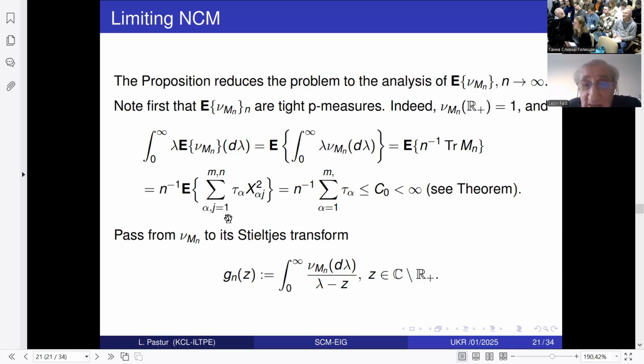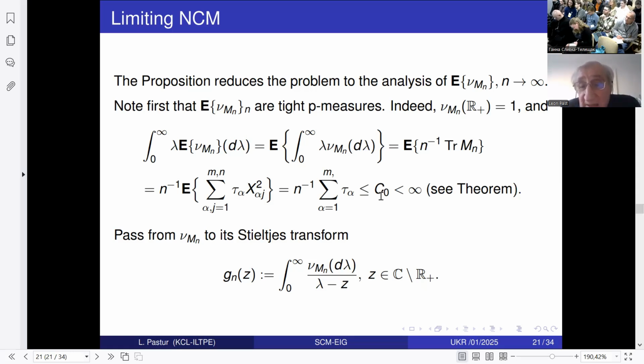The trace will be this double sum. Now the expectation is again a finite sum, so you can easily put the expectation inside the sum, and then the expectation of every x alpha j squared is 1. So we are left with the sum, and this is our condition 2, that this sum is uniformly bounded in m. Well, so the sequence of measures which we are going to study is tight.